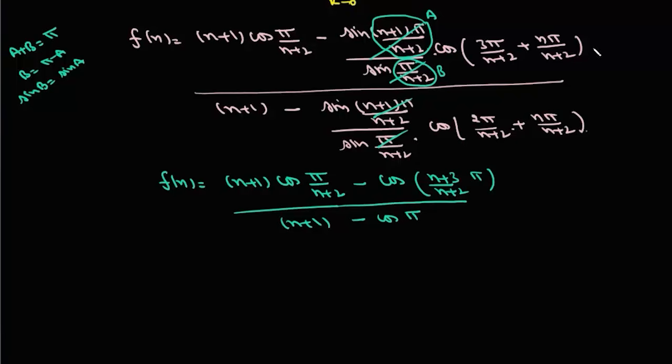Now we can write (n+3)π upon n+2 as π + π upon n+2, and cos(π + θ) is −cos θ.